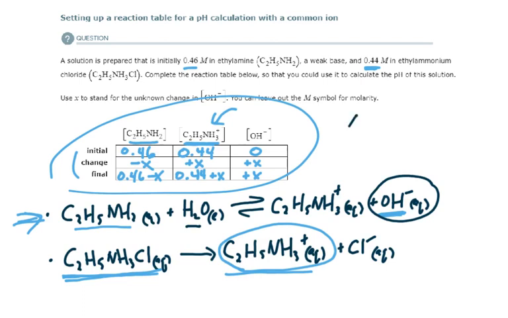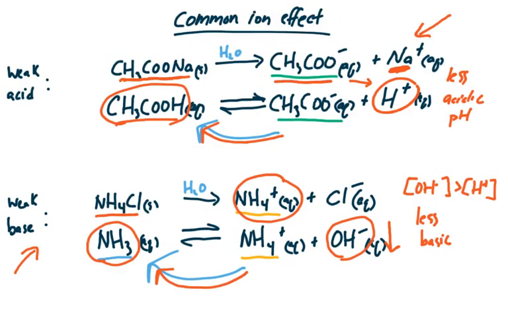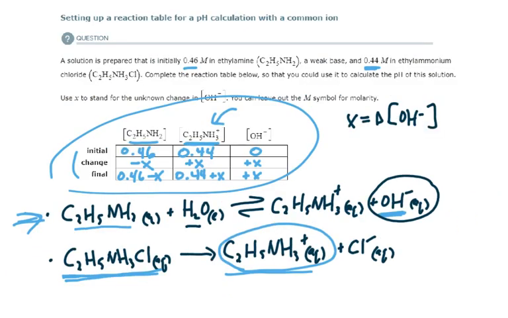And so in this particular case, X stands for the change in the hydroxide ion concentration. Now, if this were a weak acid instead of a weak base, the process would be the same, except we'd look at the reactions through this lens, and X would be equal to the change in the hydronium ion concentration.